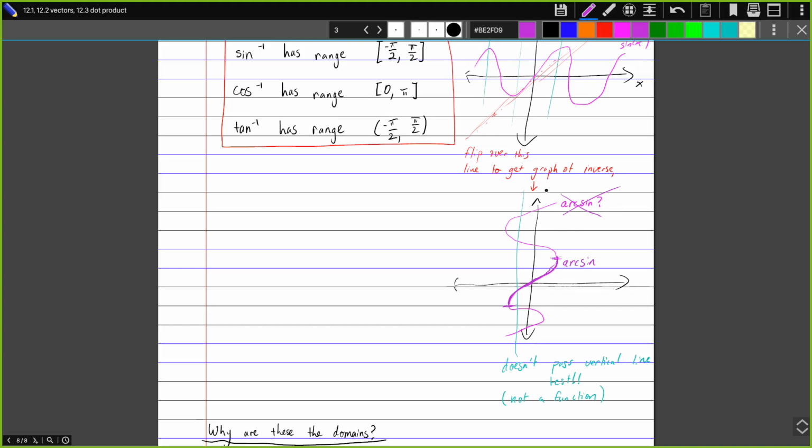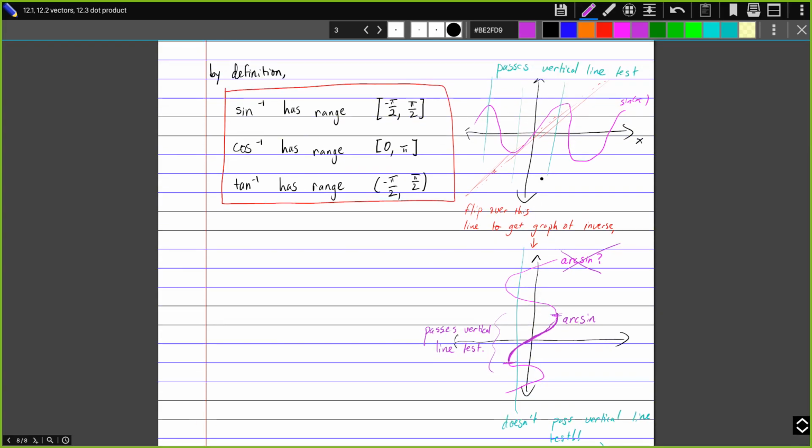So that is what we take as our definition of the arcsine. So the upshot is that arcsine has to have range between minus pi over 2 and pi over 2.